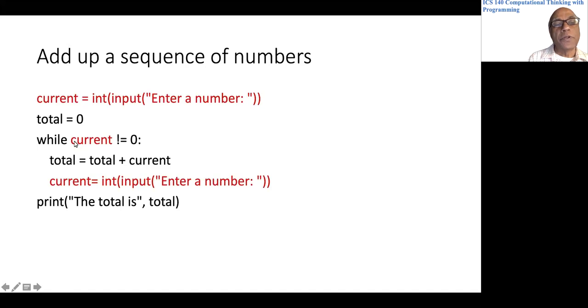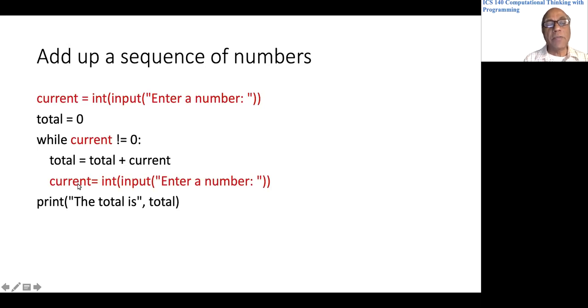So this current is used as part of the condition. So it is given a value, otherwise this will crash. And from the problem context, that value has to come from the user. And we need to update this value every time we go through the loop iterations.